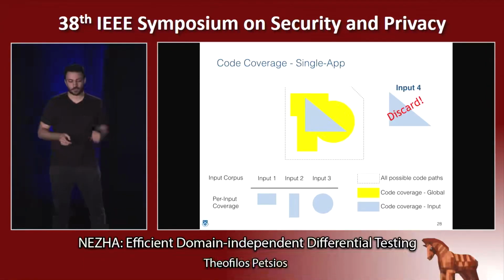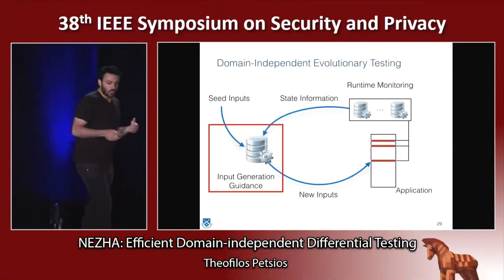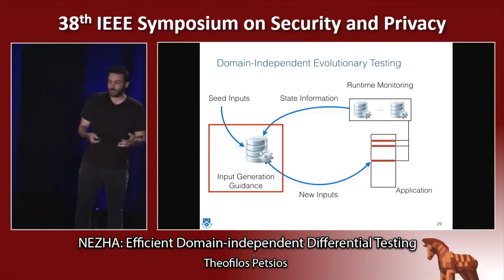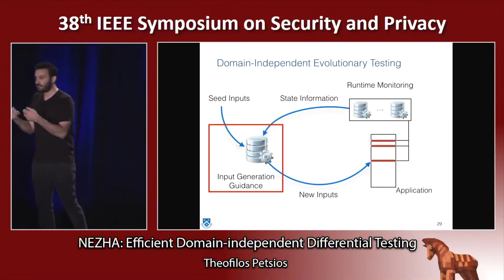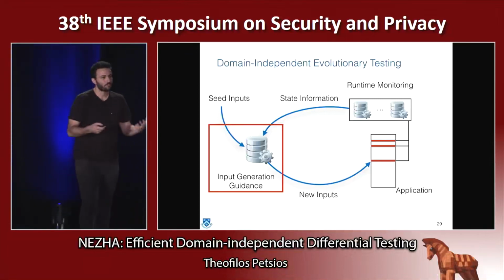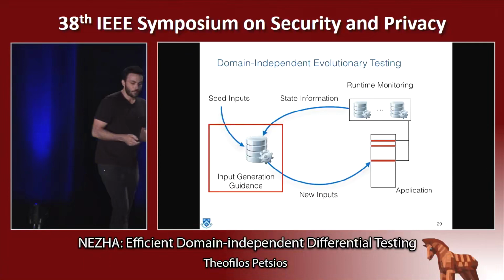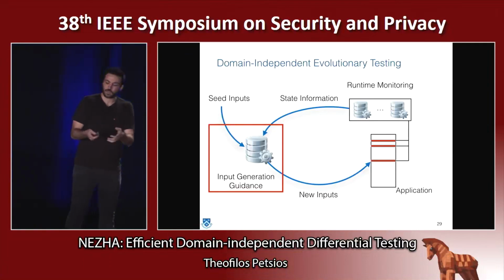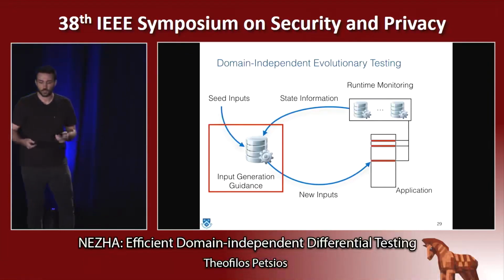So this input gets discarded. Now the question becomes, how can we retrofit this mechanism for differential testing? Because right now we have these generic fuzzers which work really nicely, but for differential testing, how can we come up with the same sort of approach?